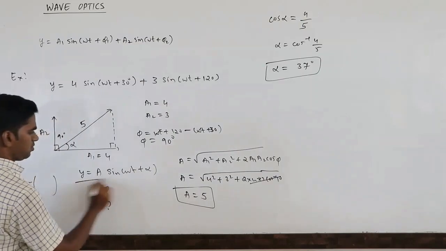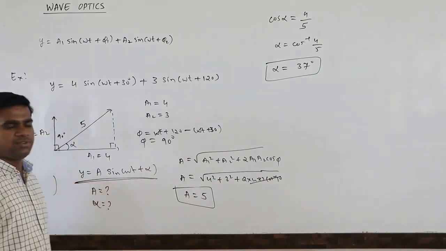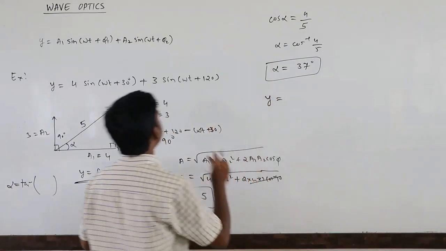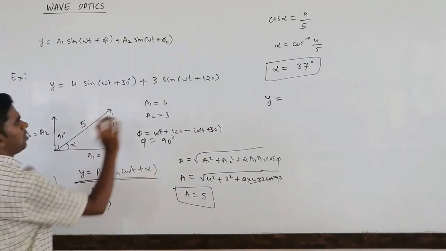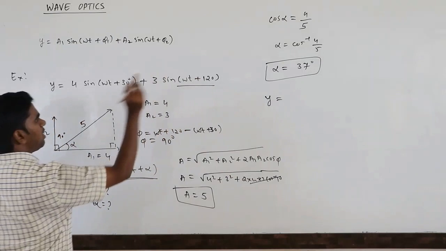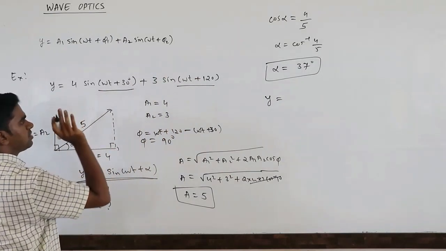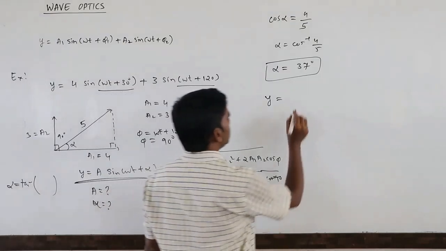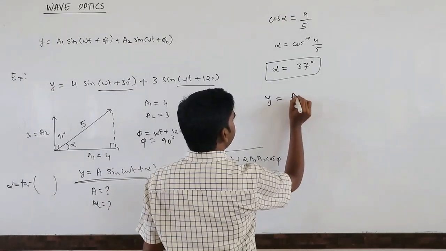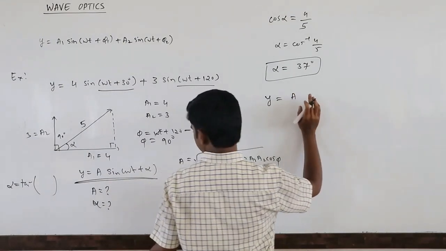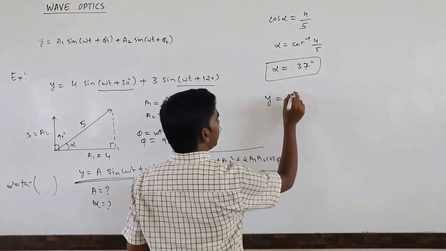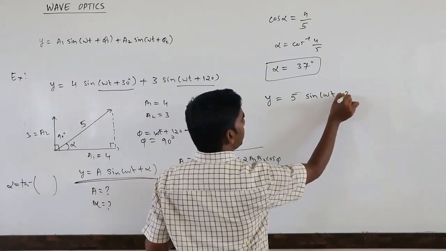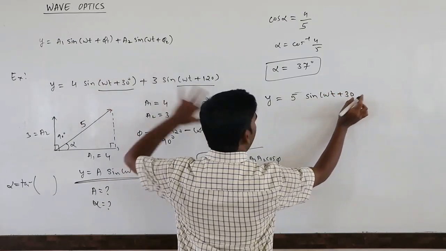As I already mentioned, when writing the resultant, you have to take the wave whose phase is small. Here the phase is omega t plus 120, and here it is omega t plus 30. So this is the smaller phase. A is 5, so I will write 5 sin(omega t plus 30) and add alpha to this.